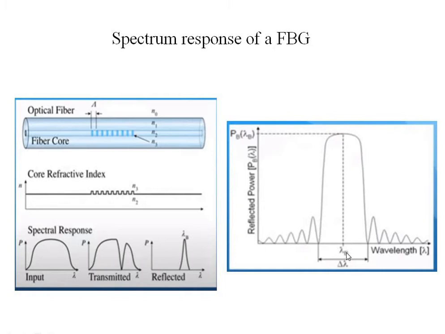Here we can notice that the Bragg wavelength is a function of the effective refractive index and the period of the grating. Here delta lambda is the bandwidth of a Bragg grating.